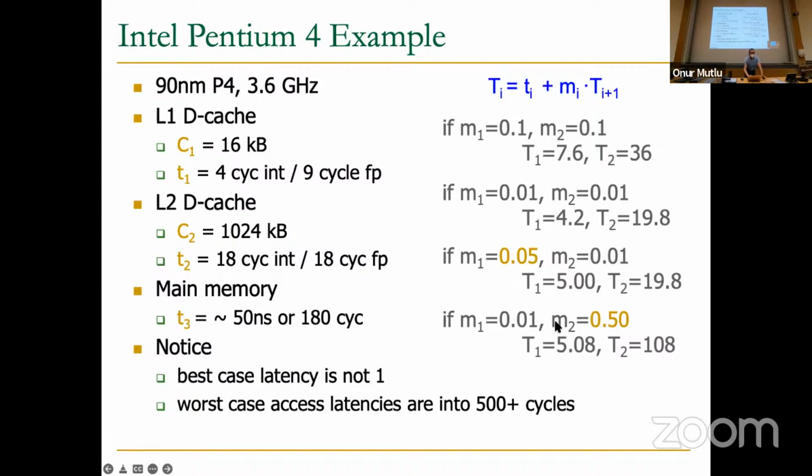Why? Because the second level is not seeing a lot of accesses here, right? Even though its miss rate is very high, a lot of the accesses are hitting in the first level. You're not accessing the second level as much. So this also points to different trade-offs in design now. Where do you put your effort? Do you try to optimize the L1 cache? Do you try to optimize the L2 cache? Do you try to optimize the main memory?